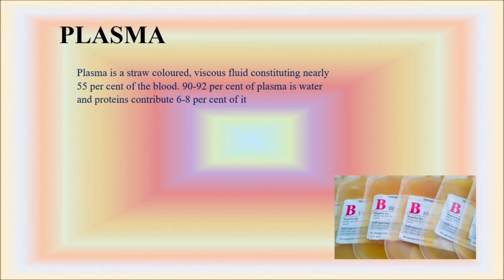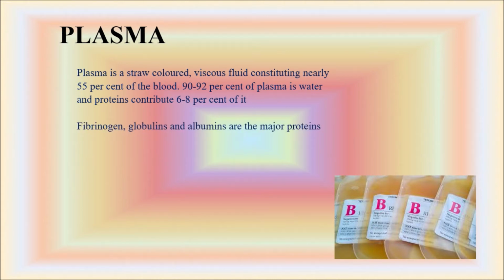The color of plasma is straw, and it is also called a viscous fluid, and it is a major portion of the blood with 55%.